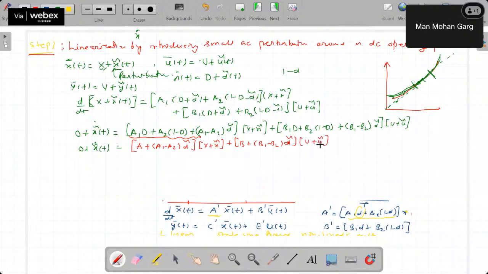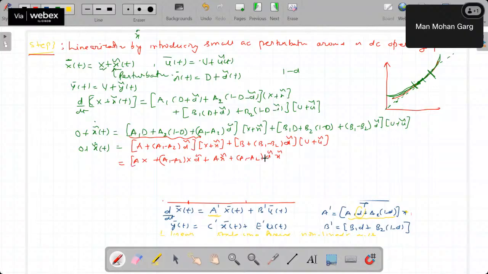So far we have not done any approximation, right? These terms are still non-linear, we have not done any linearization. Let us simplify: AX plus (A1 minus A2) X d cap, plus A x cap plus (A1 minus A2) d cap x cap, where d and x are functions of time.